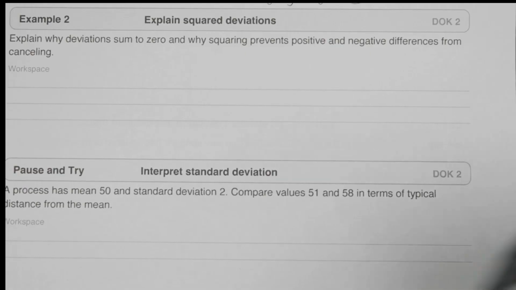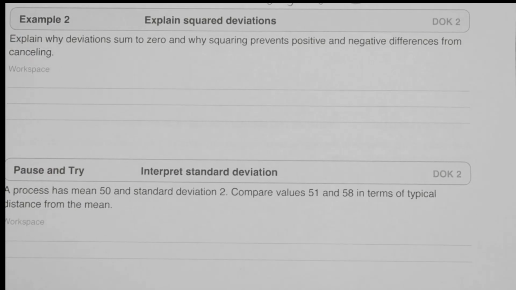Example number 2: why square the deviations? Explain why deviations sum to 0 and why squaring prevents positive and negative differences from canceling.